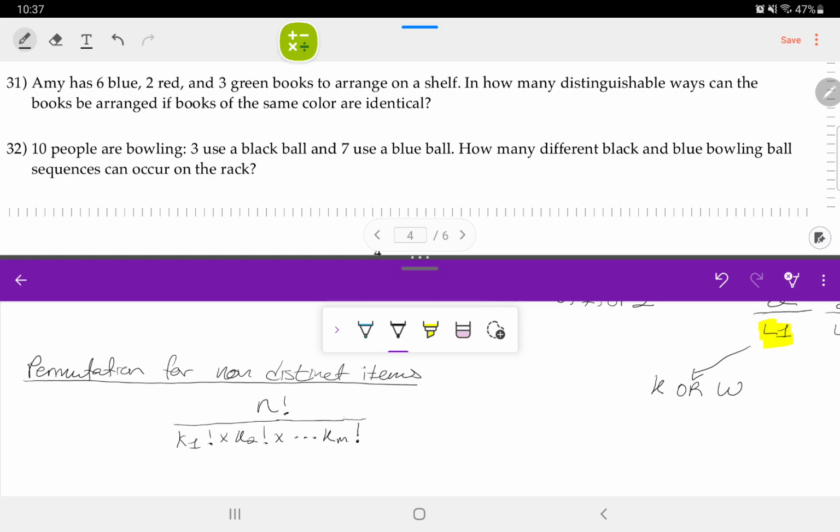So, when we are trying to arrange items that are considered identical, we're going to use the permutation formula for non-distinct objects, non-distinct items. Sometimes we call this distinguishable permutation.